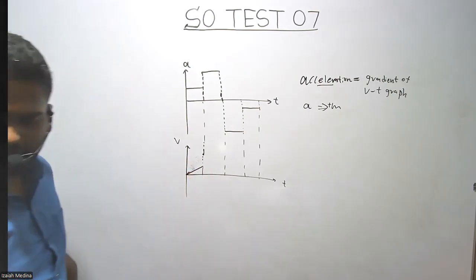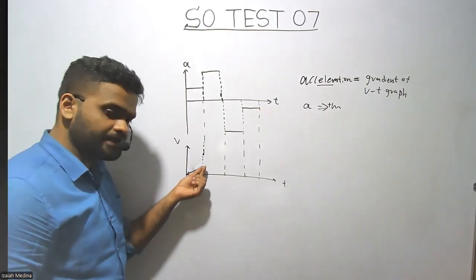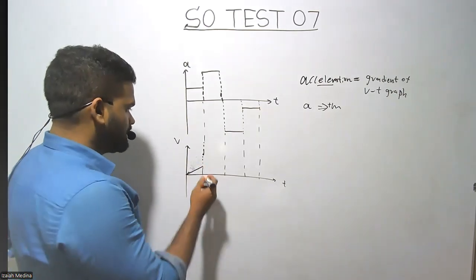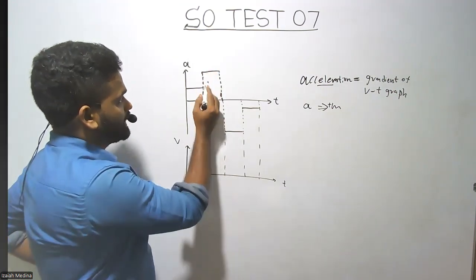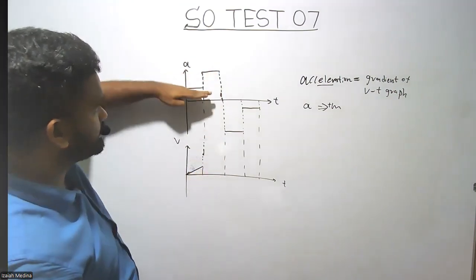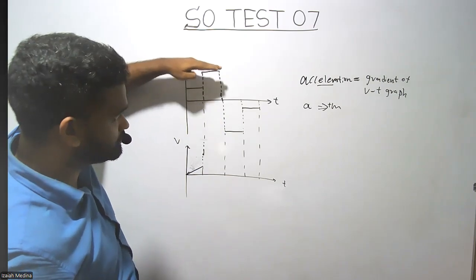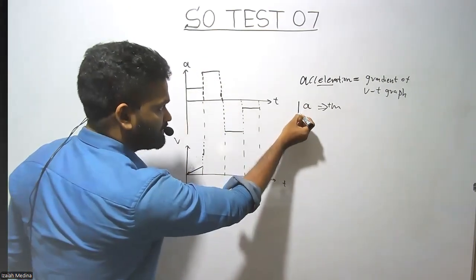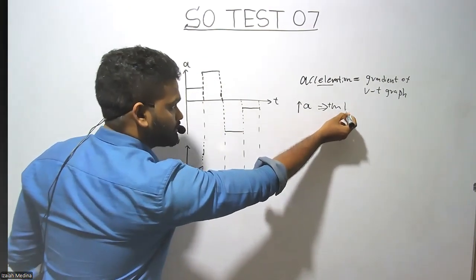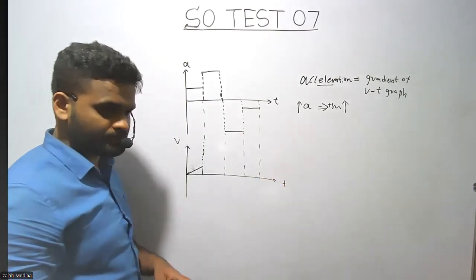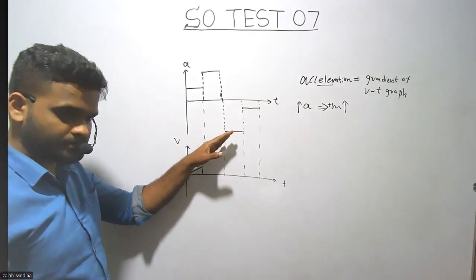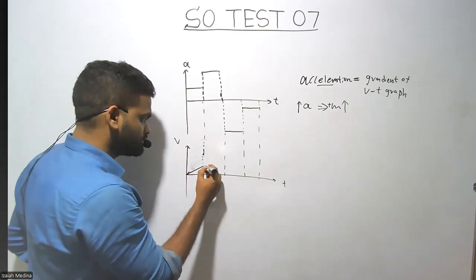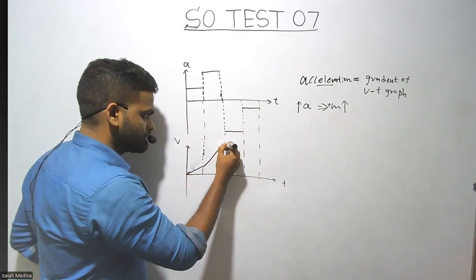So you can draw it like this. Positive gradient and constant. Then at the next part, here the acceleration is a higher value. So the gradient also should be a higher value. Meaning the slope has to be a higher value but constant. Let's say like this.